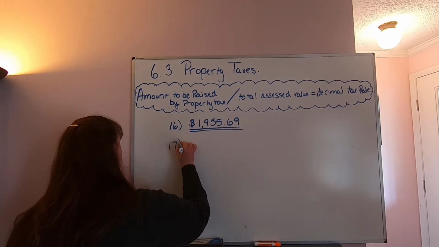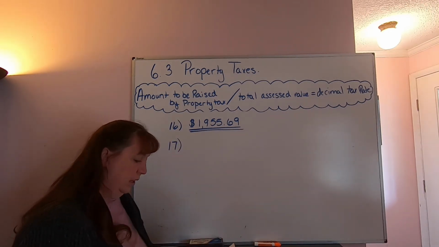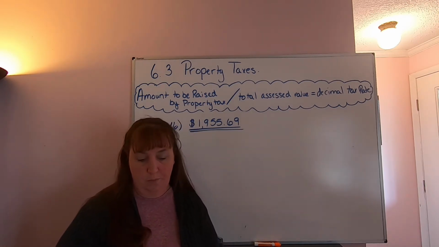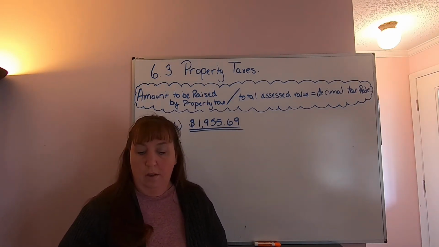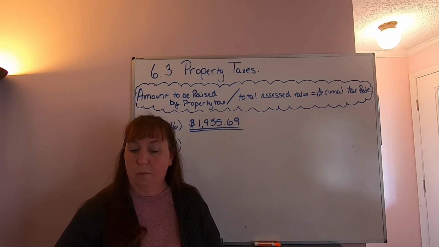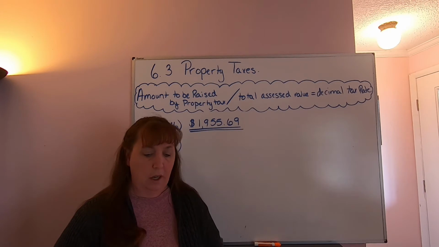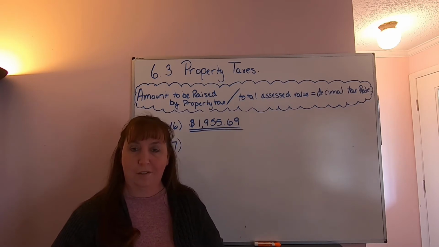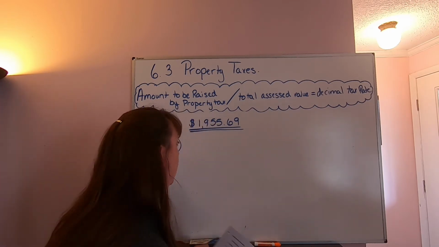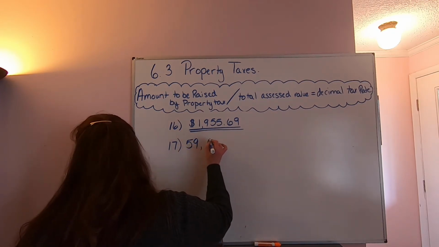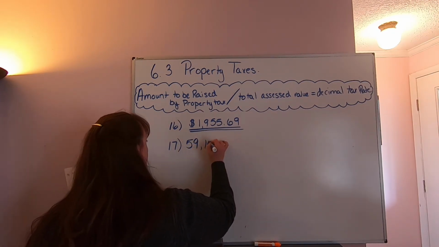Question 17 says $59,100 is our assessed value. You're going to pay 4.747 per 100. So for every $100 of your assessed value, you're going to pay 4.747. Let's figure out how many hundreds are in 59,100.